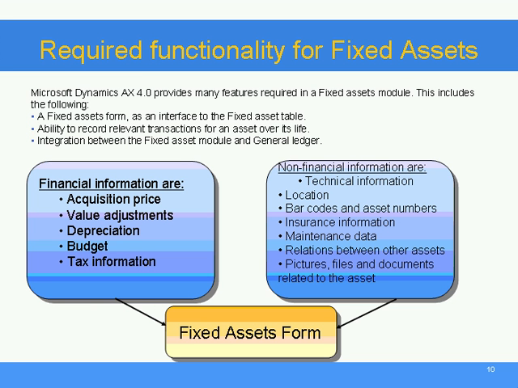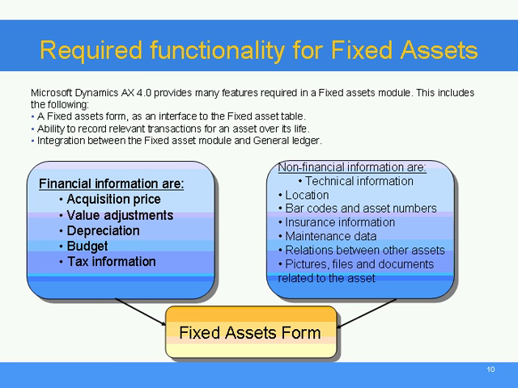Fixed asset form. For management of fixed assets, a company needs a fixed asset form where all information, both financial and non-financial, about the asset is kept. Some examples of financial information about an asset are acquisition price, value adjustments, depreciation, budget, and tax information.